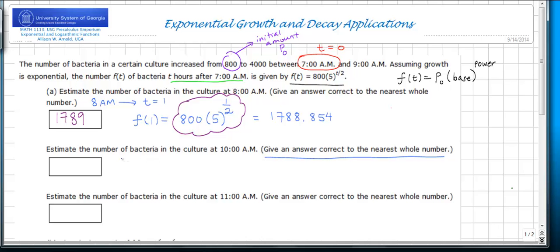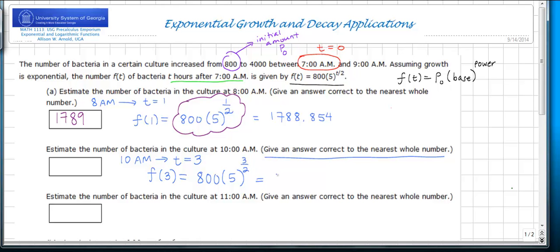At 10 a.m., that's 3 hours after 7 a.m., so I'm calculating f of 3, which is 800 times 5 to the power 3 over 2. When you're doing this in a calculator, make sure you get the 3/2 in the exponent.